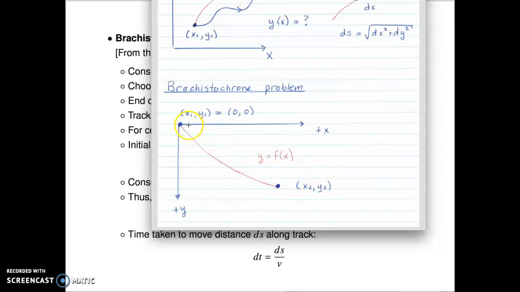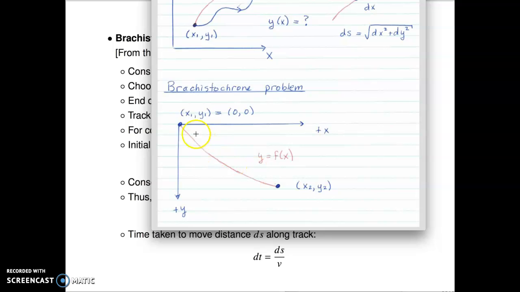So I know the beginning point, I know the final point, and there's a function that connects these 2 points. Okay? So imagine what this function is. It's a surface. Okay? And you put an object up here, and this object slides down along this surface.